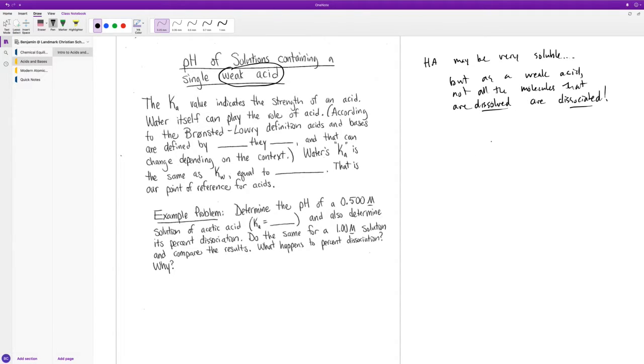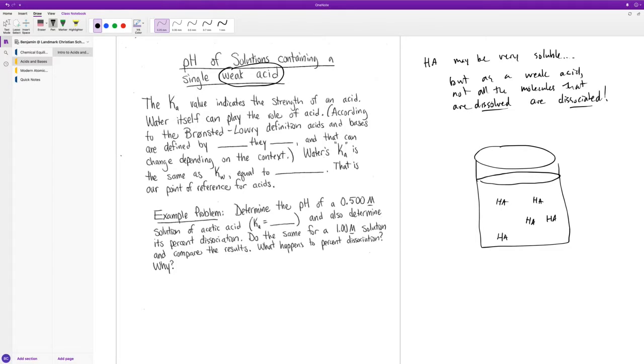So imagine, just for the sake of an example, you have your weak acid HA, and maybe you've got 10 particles of HA, and you dissolve them all into the water, and they all spread out homogeneously. They're all kind of doing their own thing.